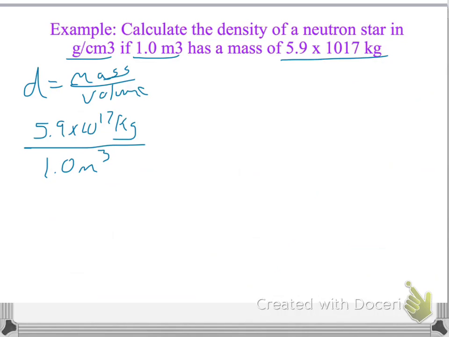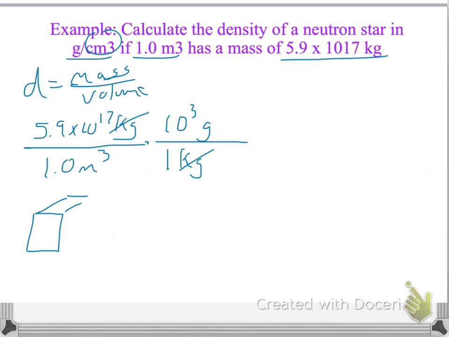And now we want to convert that to grams per centimeter cubed. So first thing we can do is get rid of this unit of kilogram. And 1 kilogram is equal to 10 to the third grams. So units of kilograms cancel out. Now meters to centimeters cubed, and same thing as before.